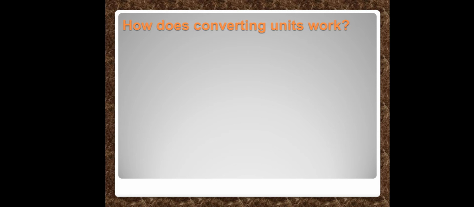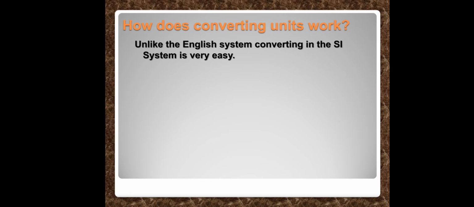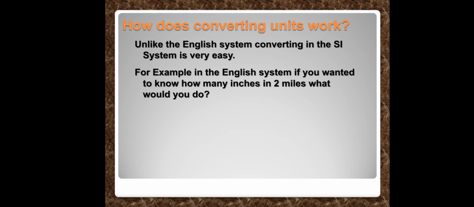How does converting units work? Unlike the English system, converting in the SI system is very easy. For example, in the English system, if you wanted to know how many inches are in 2 miles, what would you do? Take the number of miles, 2.